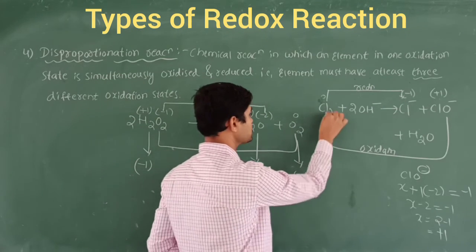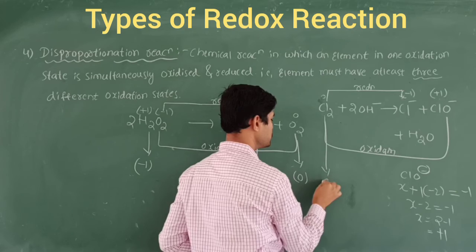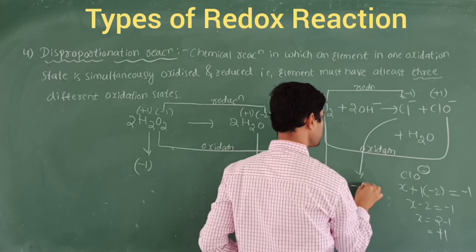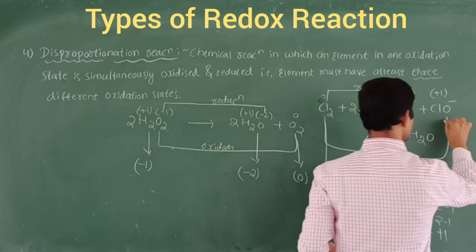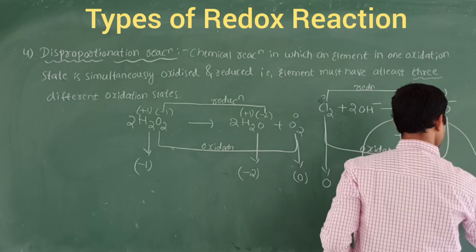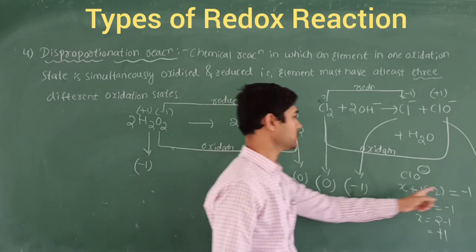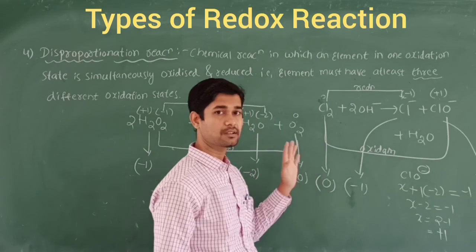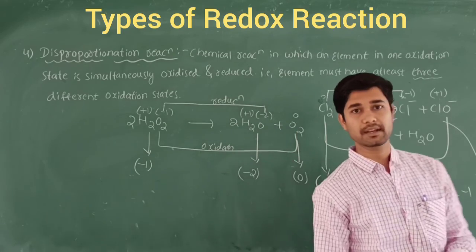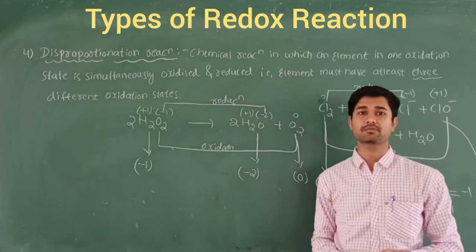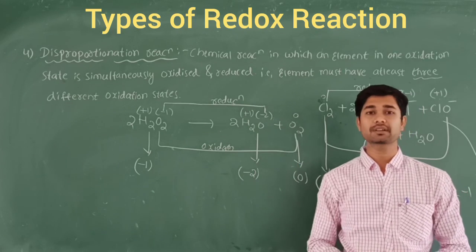Here chlorine is showing the 0 oxidation state, in this the -1 oxidation state, and in this the +1 oxidation state. Three types of different oxidation states they are showing, and also they involve the process of oxidation and reduction. So this type of reaction we are going to call disproportionation reactions.